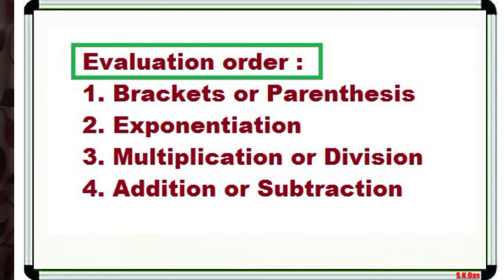It takes place in this specified order, and operators with the same priority, for example multiplication and division, are evaluated from left to right. Same priority means addition and subtraction are in the same priority, multiplication and division in the same priority. So if they are present together, they will be evaluated from left to right.